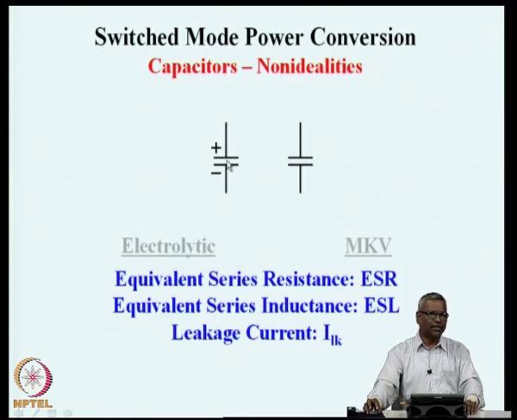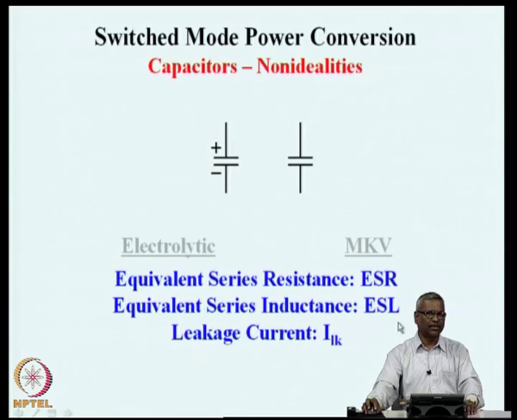Another non-ideality is that because the current is passing through a conductor and led to the terminals, and similarly from the other terminal taken to the other plate of the capacitor, it is necessary to establish a current path from the terminals into the capacitor, and we know that every current path has an associated magnetic field, and on account of that every current path will also have an associated equivalent inductance.